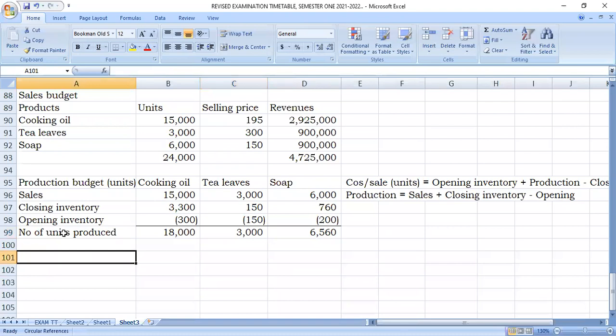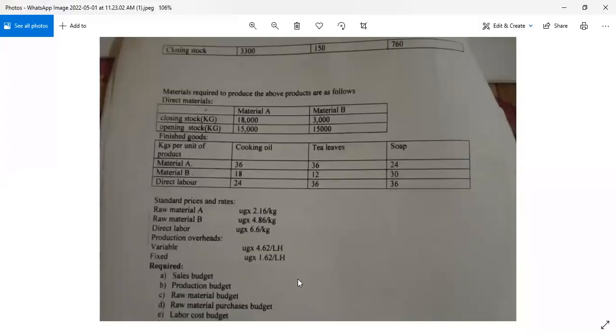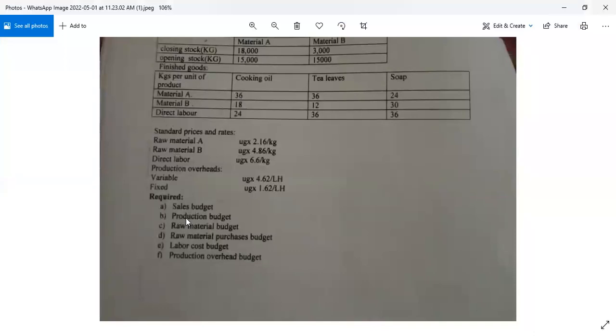Like I said, these budgets follow each other, even if you don't check the question. Okay, but you can check the question just for purposes of yeah. You check the question, it says that after sales budget, you make the production budget. After production, you make the raw materials budget.